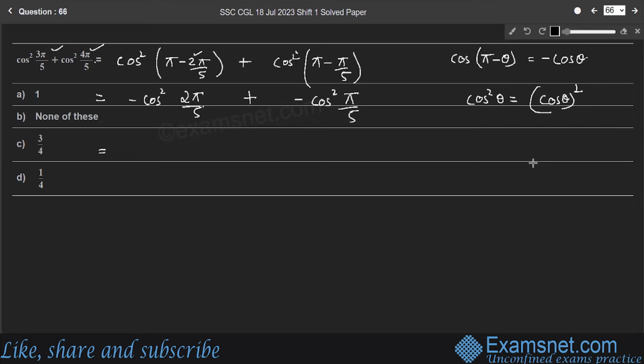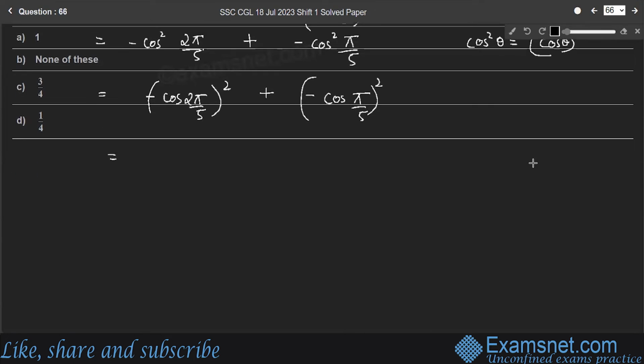Therefore, the expression becomes minus cos theta, theta is 2 pi by 5, the whole square, plus minus cos theta, theta is pi by 5, the whole square, right? So minus square is plus, right? So we can write cos 2 pi by 5 the whole square plus cos pi by 5 the whole square, right?